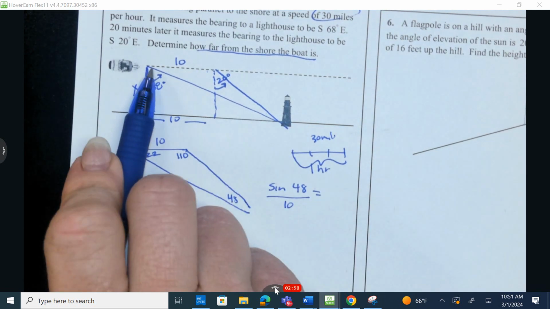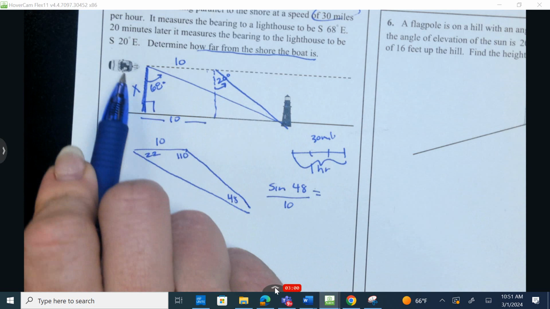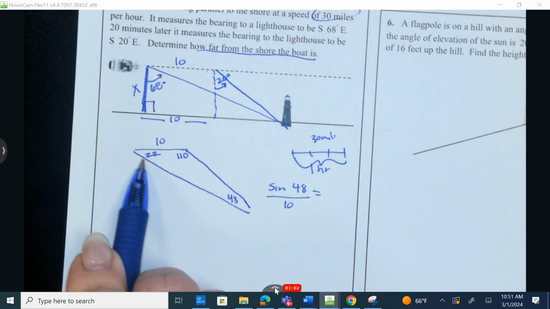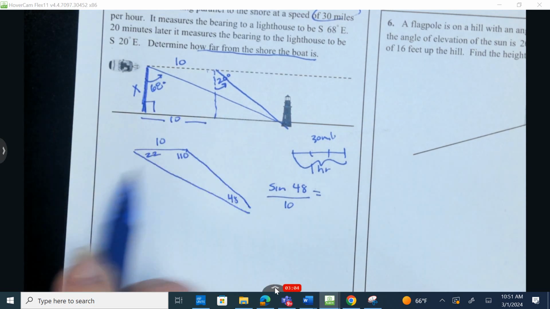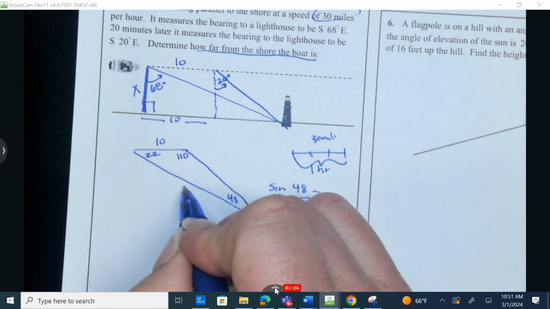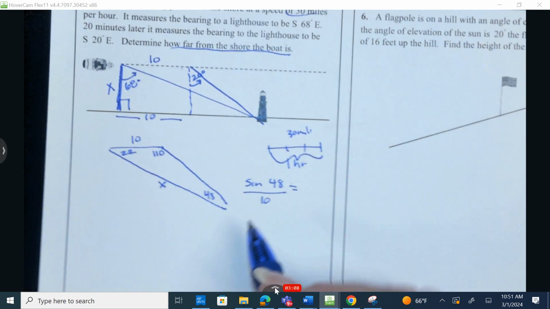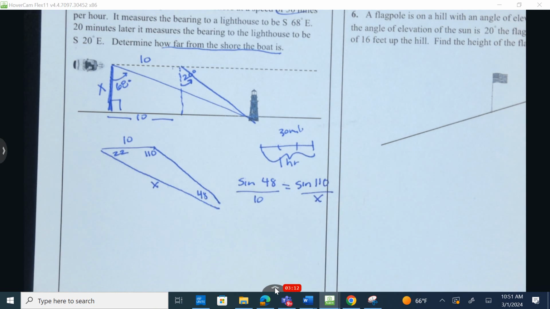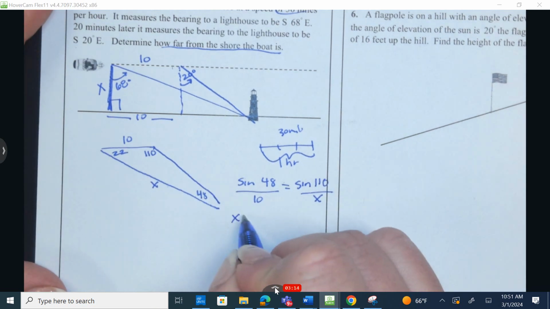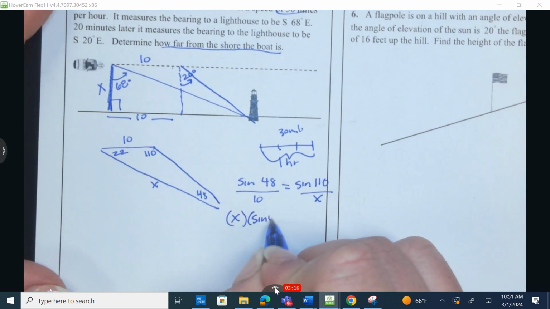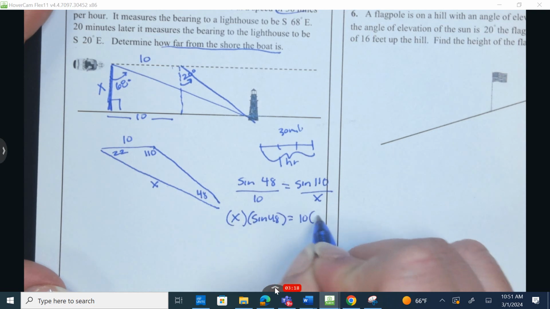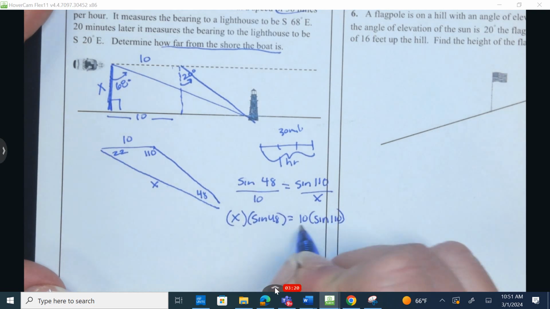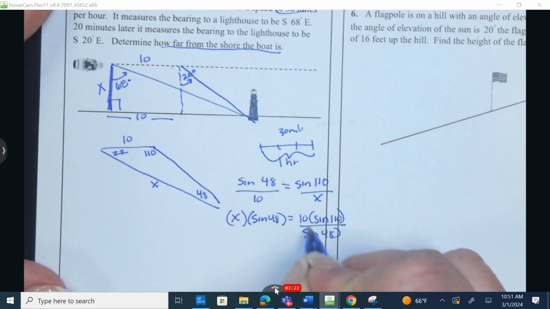So this length right here would be this part right here. So I want to know, what is this? So I'm going to go sine of 110 across from x. When I solve it, x times the sine of 48 equals 10 times the sine of 110, divided by the sine of 48.